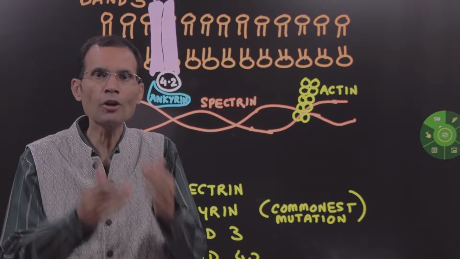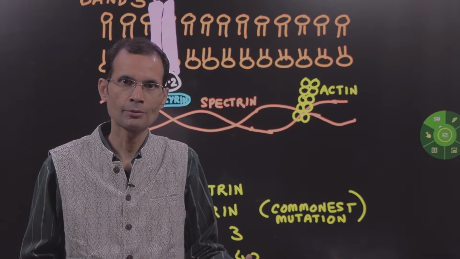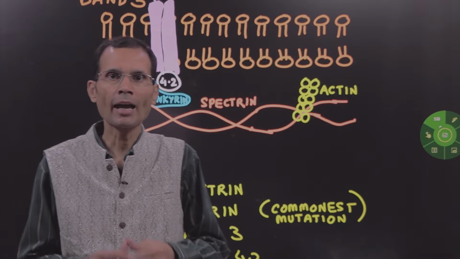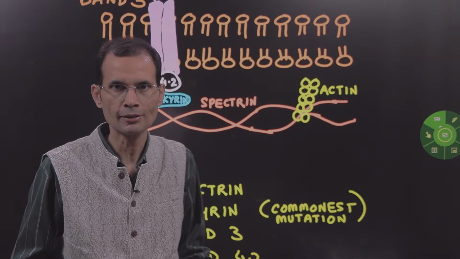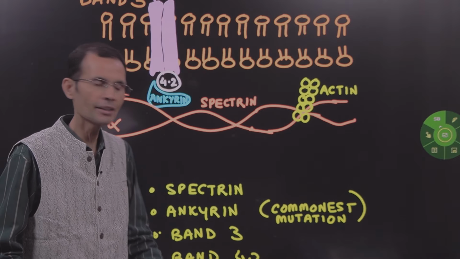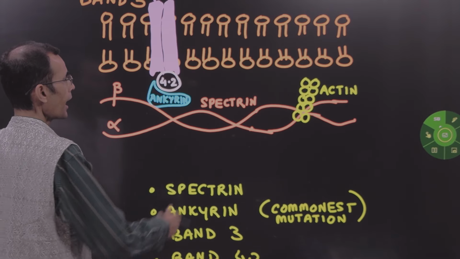Mutation of any of these will result in spherocytosis. The commonest is ankyrin mutation.